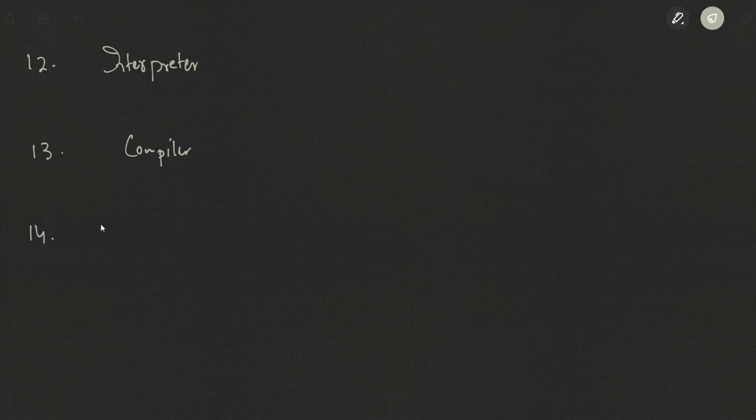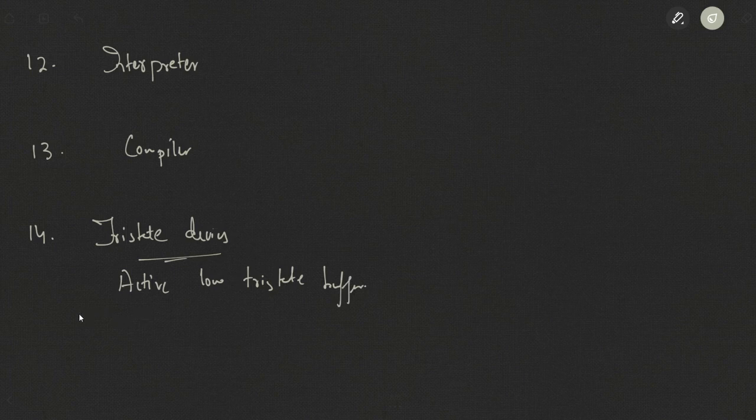Then you have some other tri-state devices that you will come across, such as active low and active high tri-state buffers. Let me give you the truth table of these. Active low tri-state buffer: there is an enable switch here, an input, and an output.